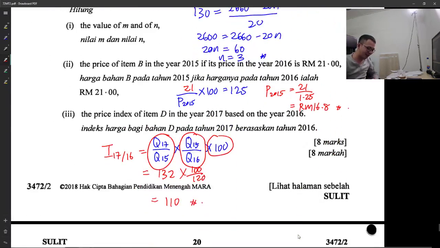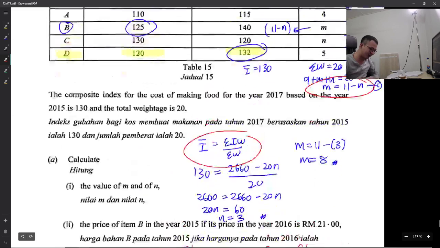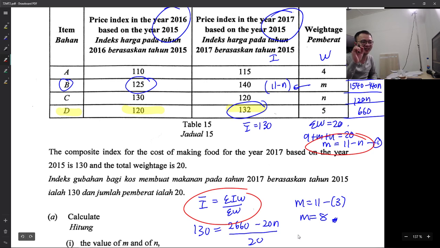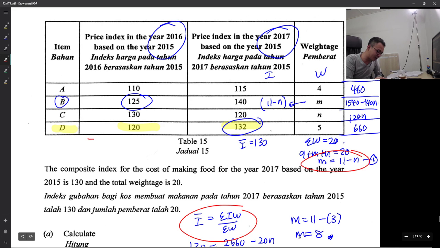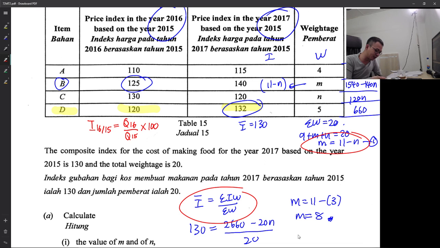Yeah, you might be curious, how do I get this one? Okay, let me explain a little bit over here. So price index 16 based on 15, right? So we know it should be Q16 over Q15 times 100, right? This is the simple index formula. So in order to know what this is, I'm going to move the 100 to the other side.